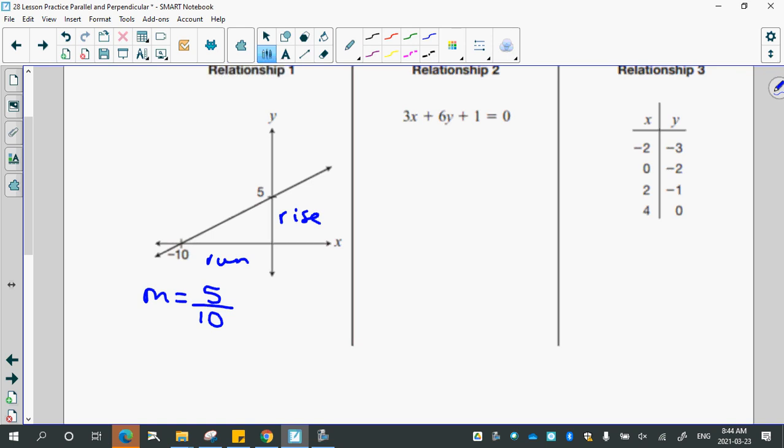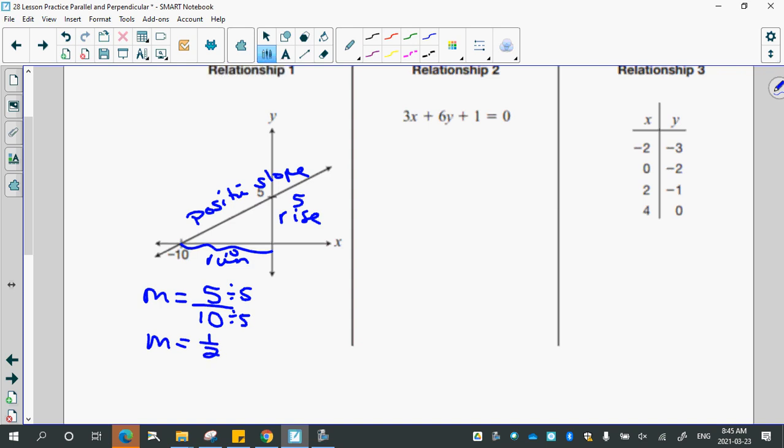And with the run. This is from negative 10 to 0 is 10. And from 0 to 5 is 5, and it's got a positive slope for sure. It's rising to the right. So does 5 over 10 reduce? 1 over 2, good. 5/10 is a half, awesome.